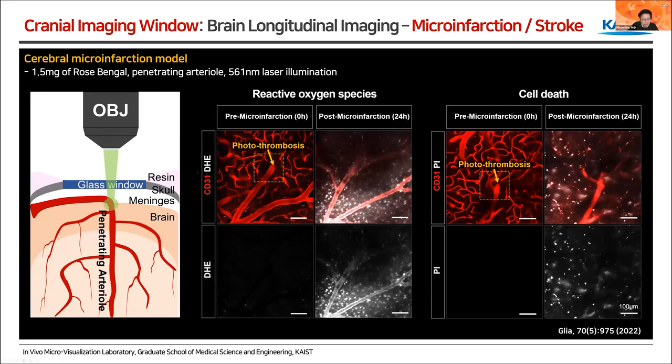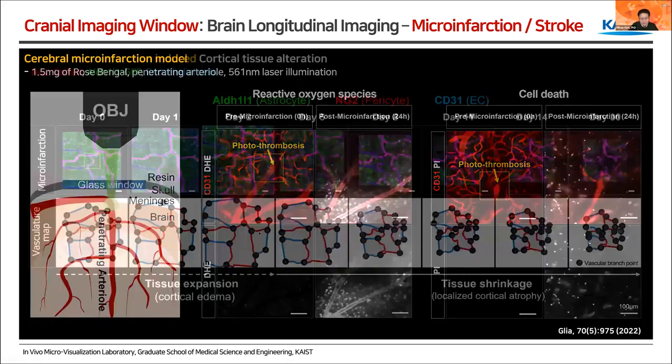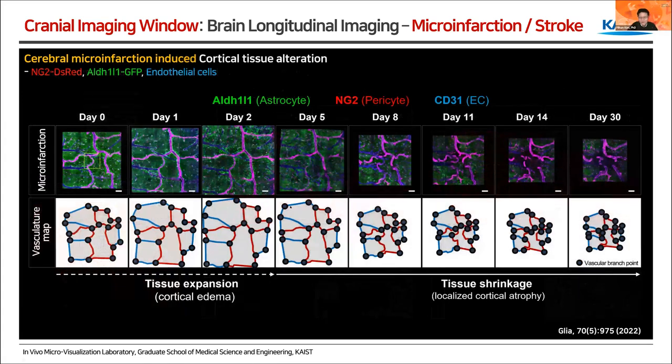So what we did here was target just one vessel, one penetrating arteriole in the brain, and induce thrombosis in this vessel. So basically, we can make a small micro-infarction and induce a mini stroke in this mouse model. After that, we can monitor the same area for 30 days, like 1 month, and see how individual cells and the tissue change over time.